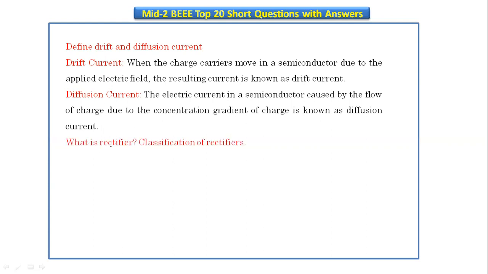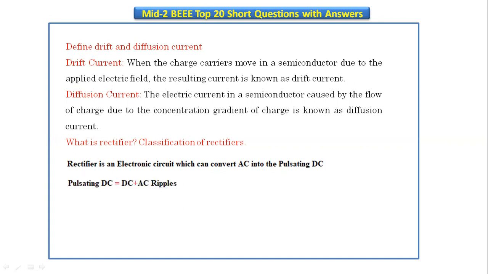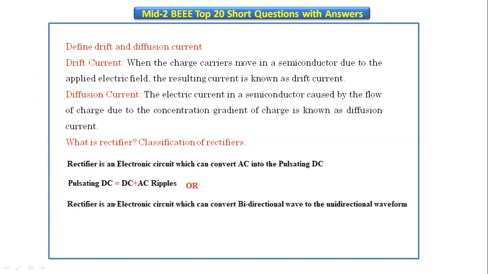Next, what is a rectifier and the classification of rectifiers? A rectifier is an electronic circuit which can convert AC into pulsating DC. The pulsating DC is nothing but DC plus AC ripples. We can also define a rectifier as an electronic circuit which converts a bidirectional wave to a unidirectional waveform. In the classification of rectifiers, there are two types: half wave rectifier and full wave rectifier.